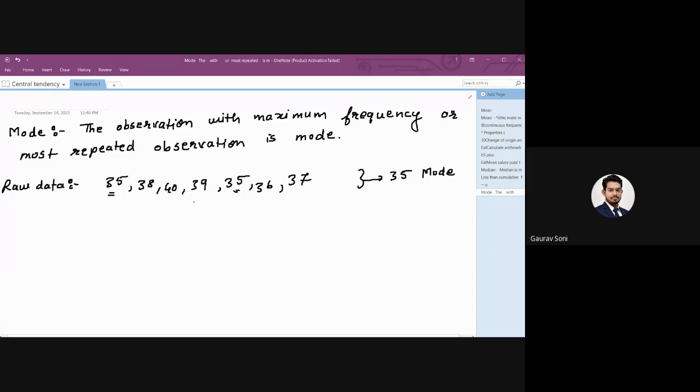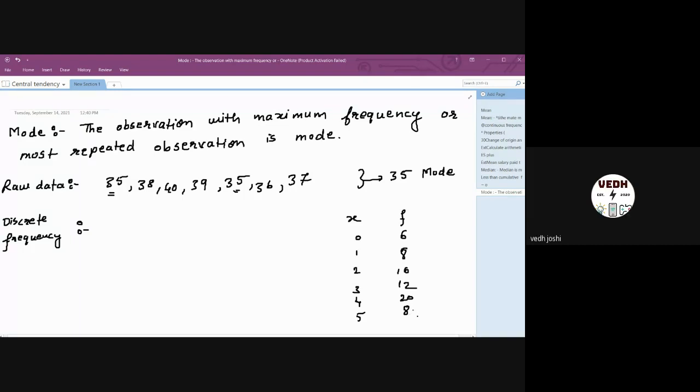What will happen for a discrete frequency distribution? Say you have data like this, X and F, with X being 0, 1, 2, 3, 4, 5. What's the mode? 4.